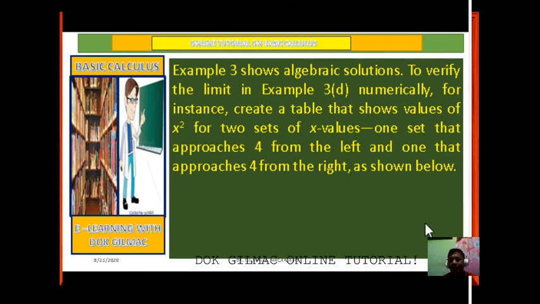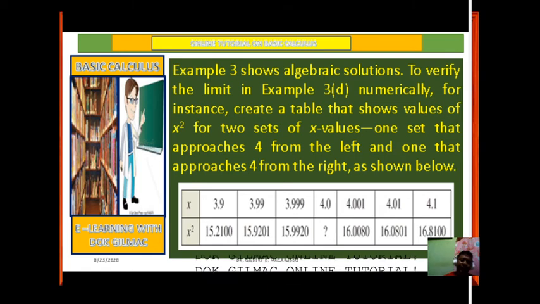So as shown below, consider the table of values between x and x squared. From the left of 4, the values of x range from 3.9 to 3.999999. Okay? X squared here comes closer to 16.